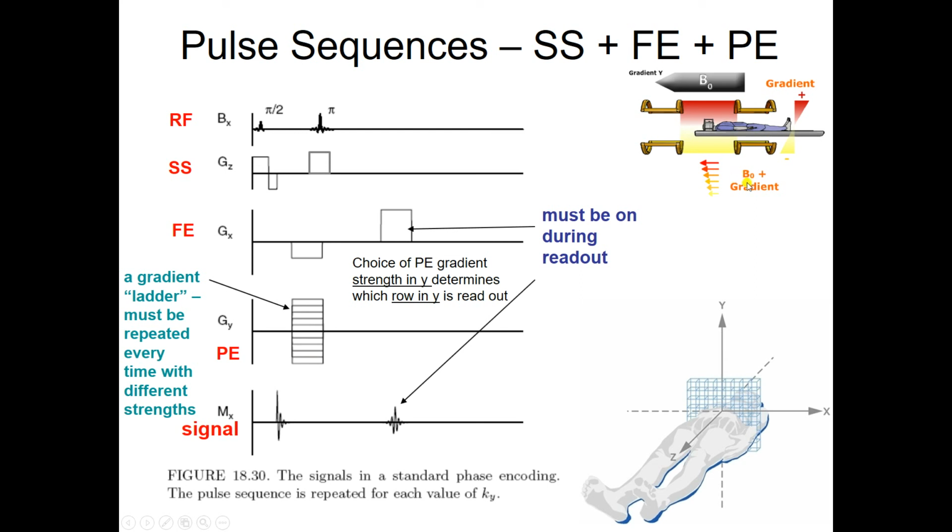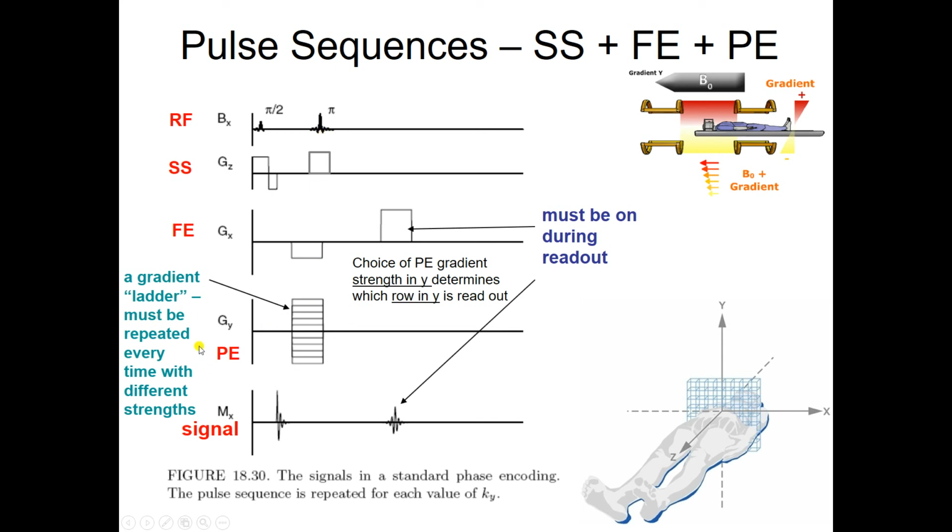The phase encode gradient in this case is going to be from anterior to posterior, which is front to back. A little weaker down here, a little stronger up here. It comes before the echo. It comes a little bit before the pi pulse as well.